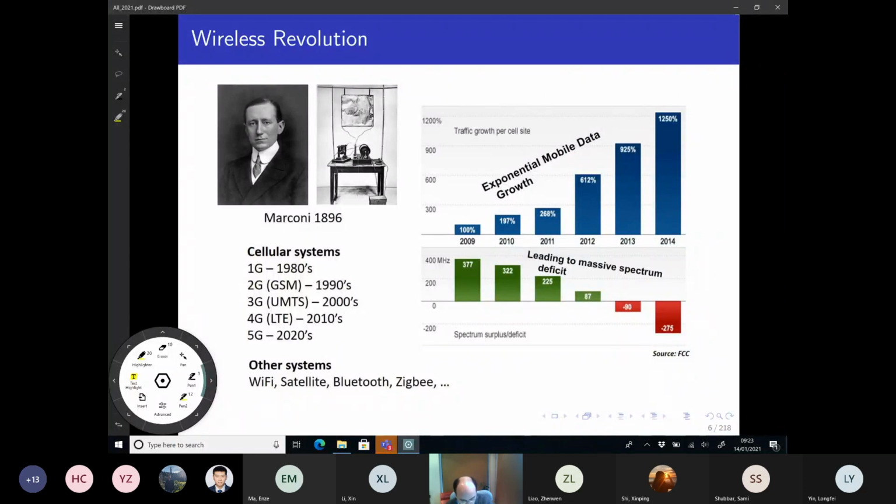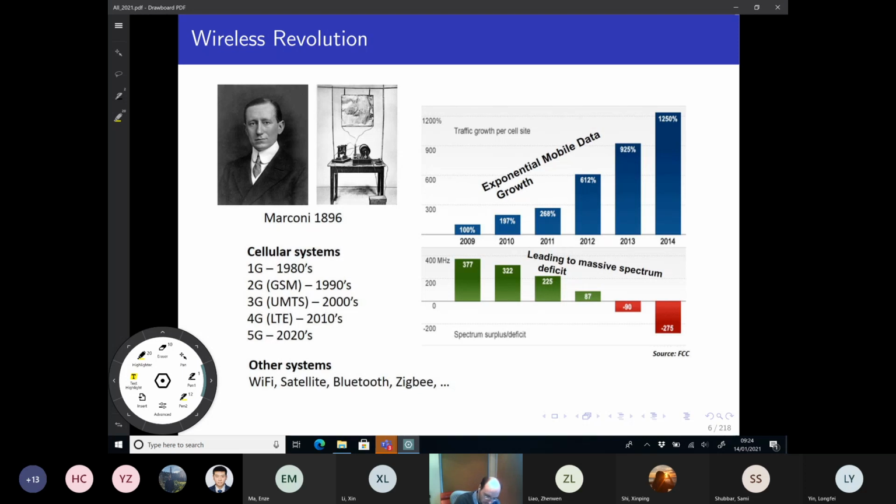So, with a brief introduction, things you probably already know. Wireless communication has been around for more than 100 years, right? It really started with Marconi in 1896, but it really picked up in the 80s with the first generation of mobile communication systems, and nowadays we are in the 5th generation.